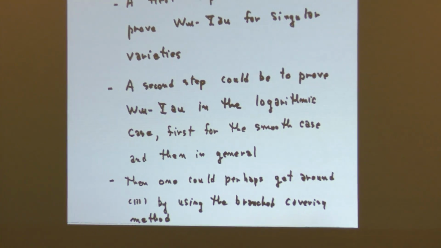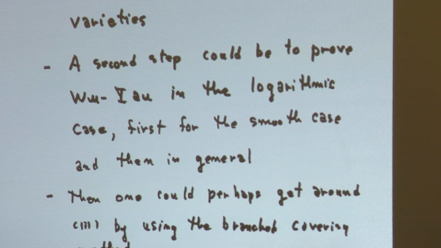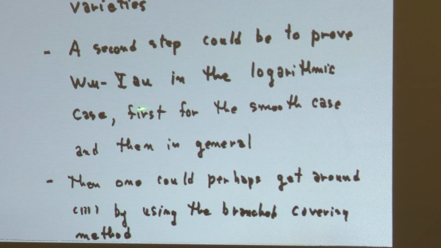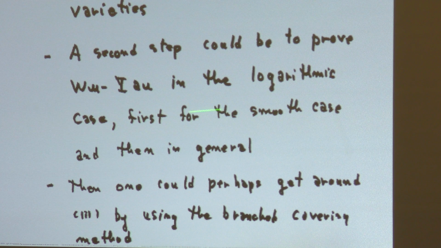That means you allow logarithmic singularities on the divisor. And then you have to allow singularities, because the image of these period maps, you take moduli and map to the space of Hodge structures, usually those images are singular, especially at the boundary.